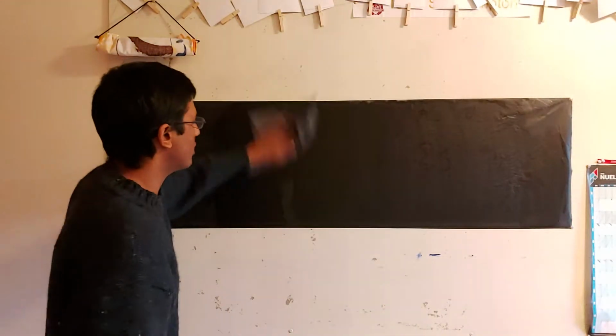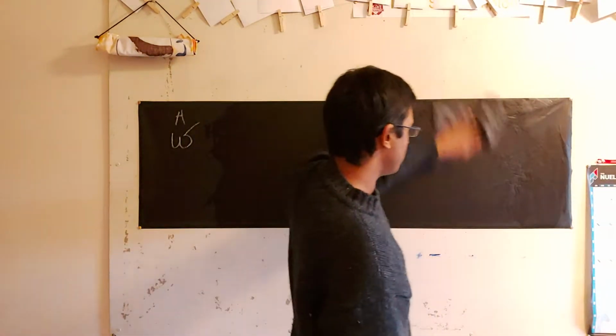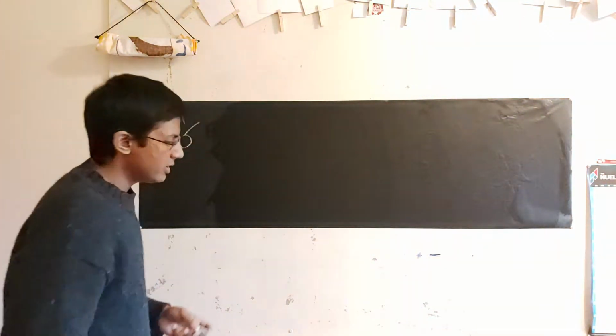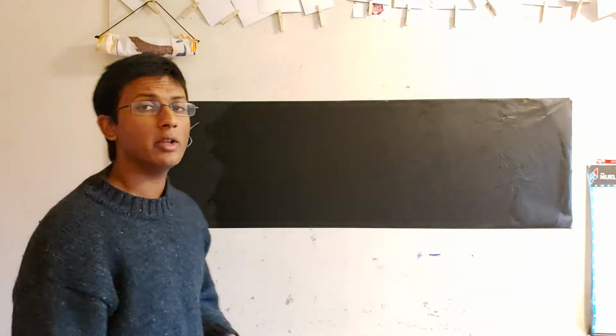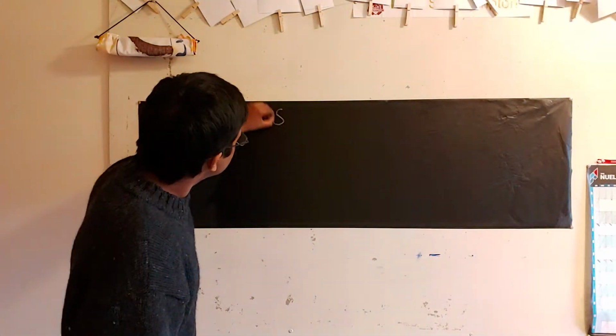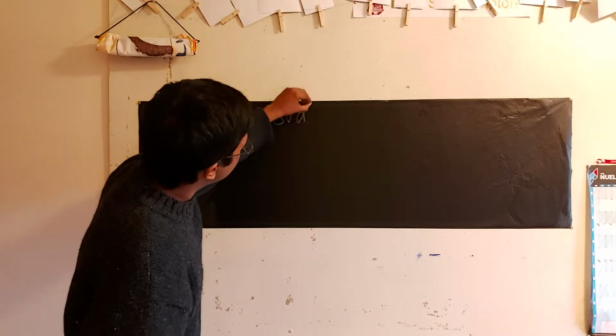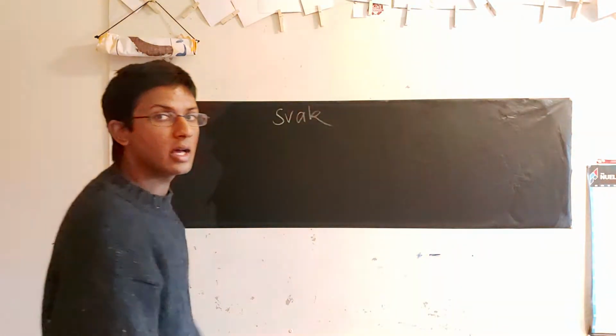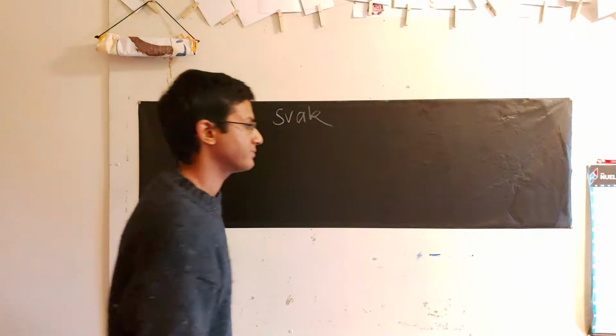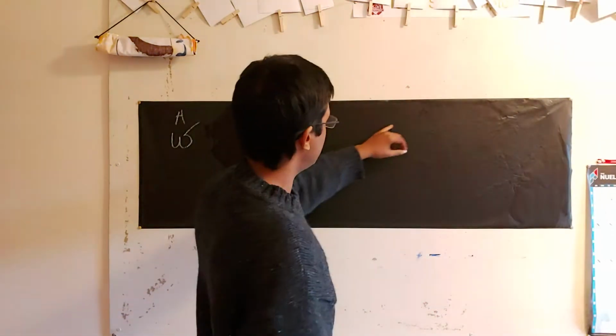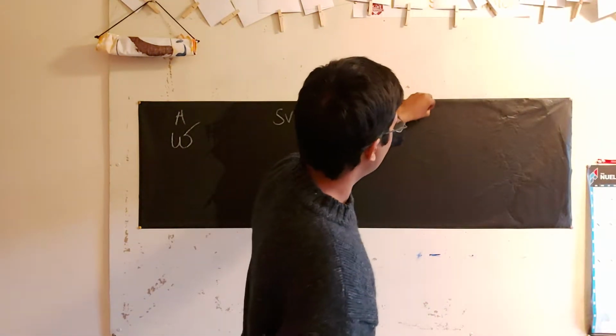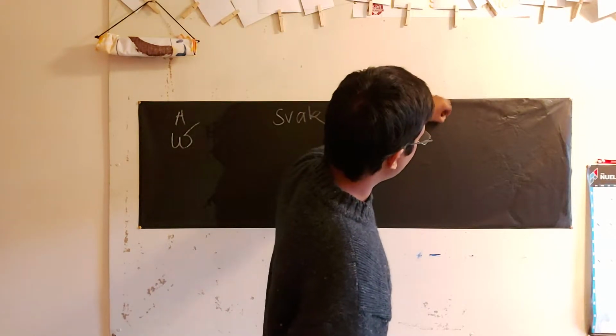And I'm going to teach you block formation as well. An introduction to block formation. So let's take the word svak, which means meat in Darusian. S-v-a-k, svak. And let's take the word tua, which means you in Darusian.